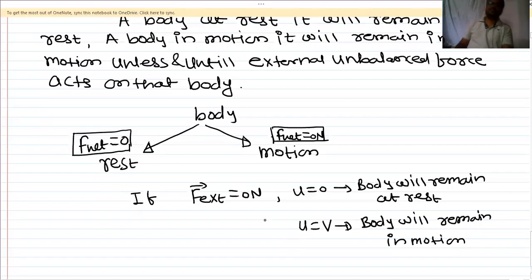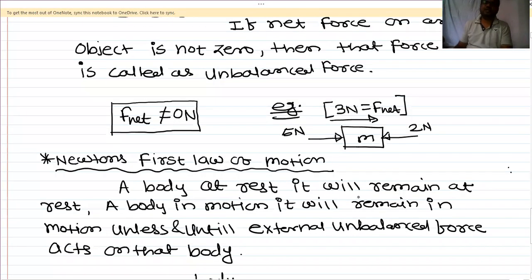So this is the first law of motion, and this first law is also called the law of inertia. You can write here that Newton's first law of motion is also called the law of inertia.